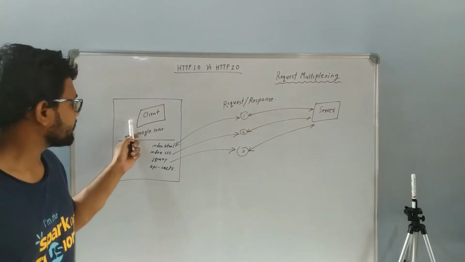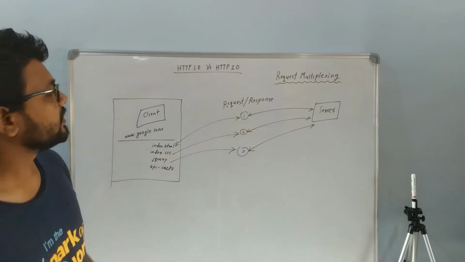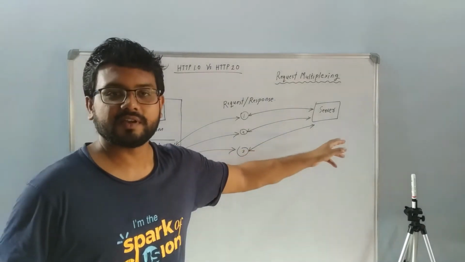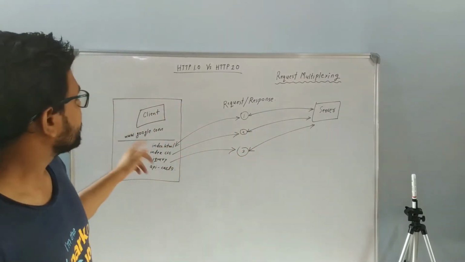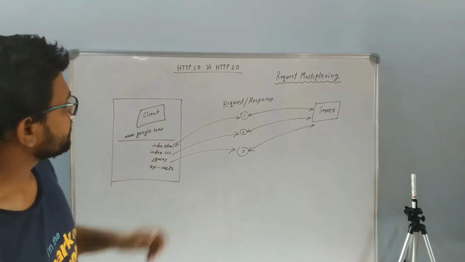In this case, the client says, I want index.html, and it creates the HTTP request and sends it to the server. The server acknowledges the request and responds back with the index.html file to the client.